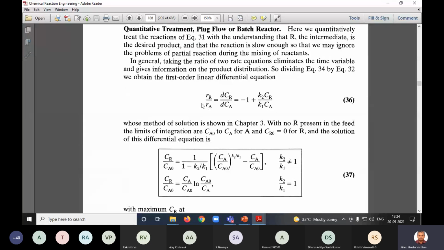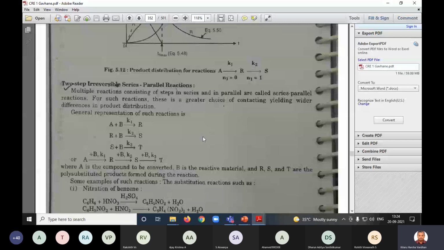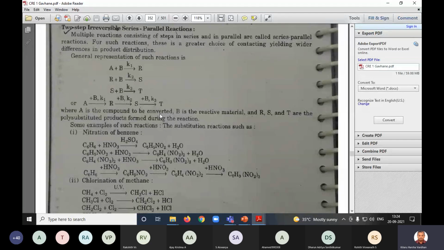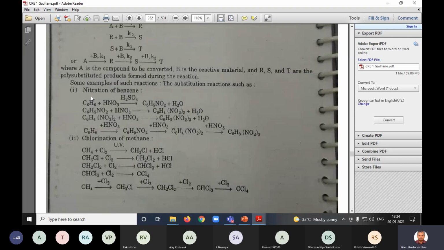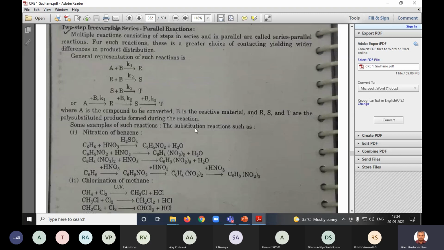So quantitative treatment, again, becomes difficult. I'll just go through one of these. You can see the series and parallel reactions examples; some examples they will ask for 2 marks.